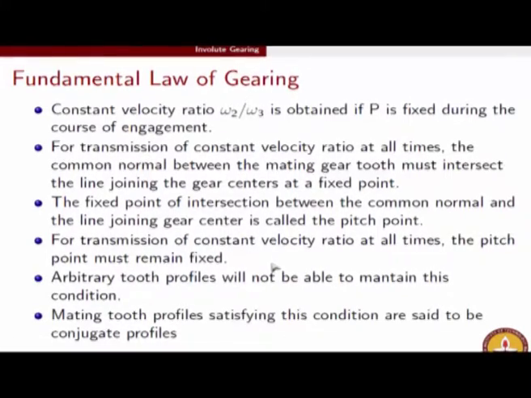We should not let the gear change the velocity ratio at different times or the torque ratio at different times, because that could be detrimental to the performance of the gearing. So to maintain a constant velocity ratio, we need the fundamental law of gearing to be satisfied, which says that the pitch point should always remain fixed during the entire course of engagement, and gear tooth profiles which satisfy such conditions will be known as conjugate profiles.